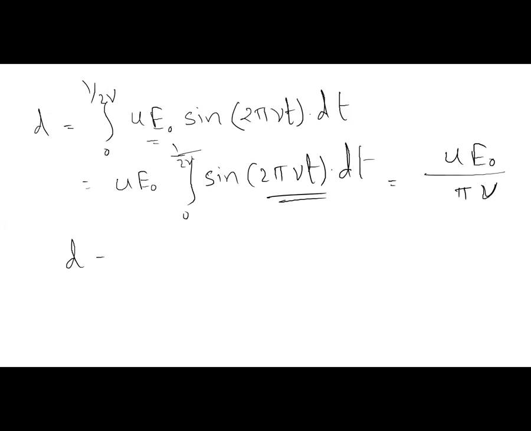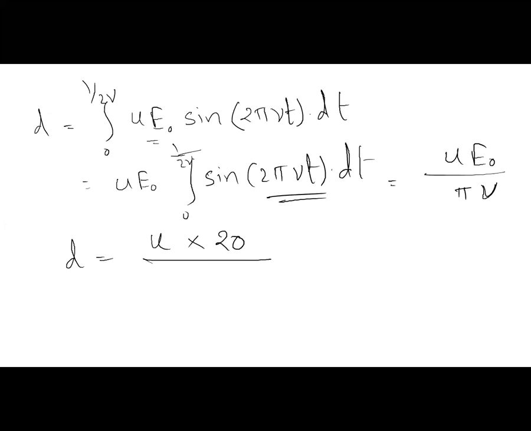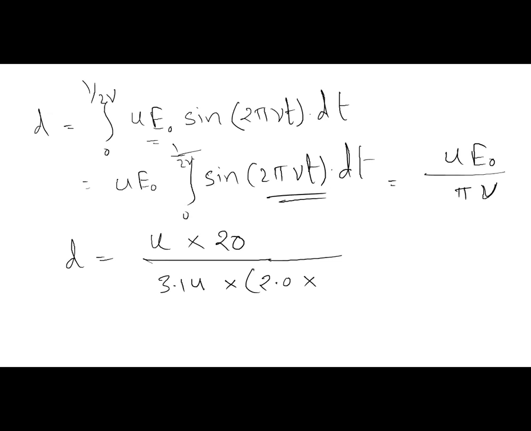So the displacement is equal to u, which is the mobility, times the E naught. I'm assuming that the amplitude of the alternating current is 20 volts divided by pi, 3.14, times the frequency, which as given in the question is 2 kilohertz, 2 times 10 power 3 hertz per second.